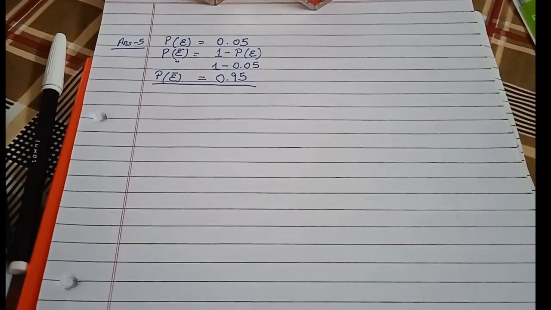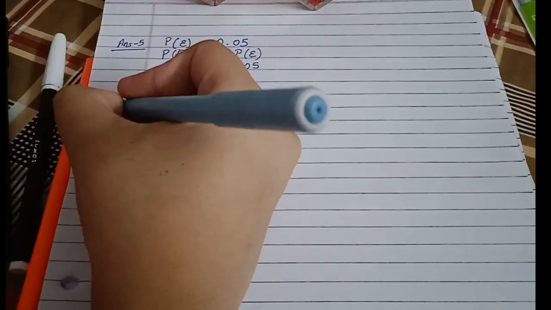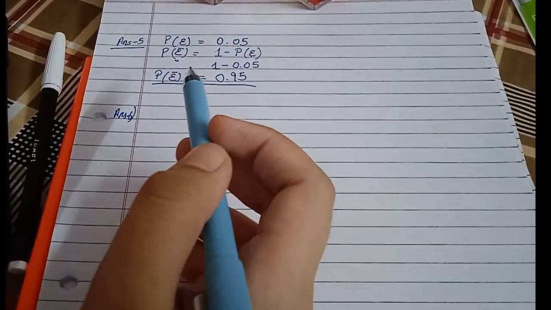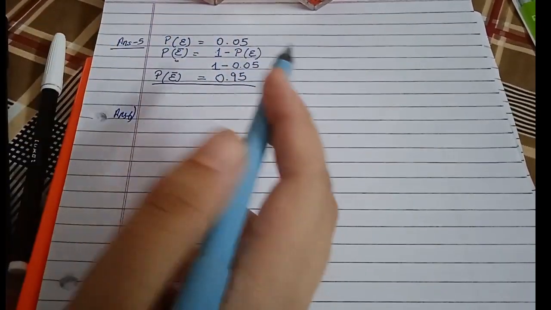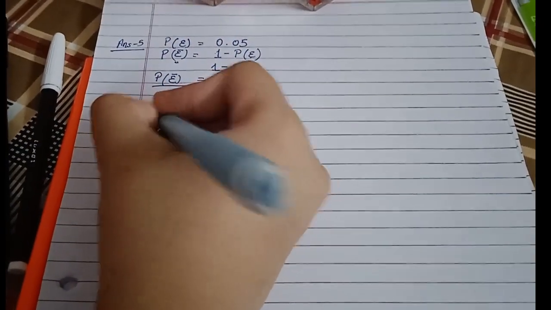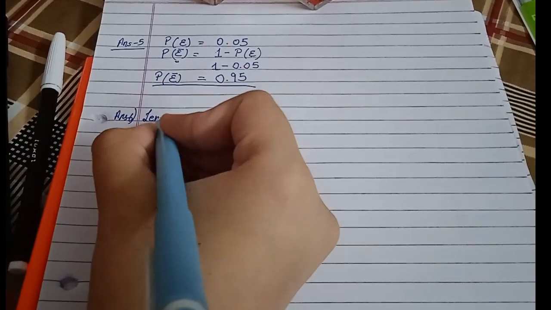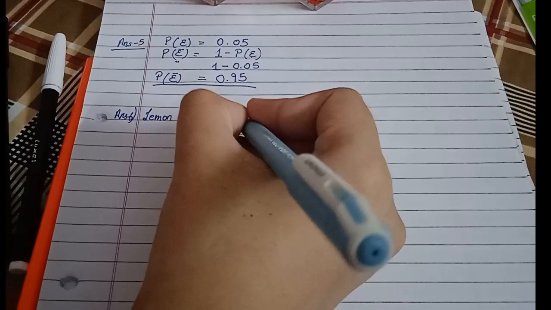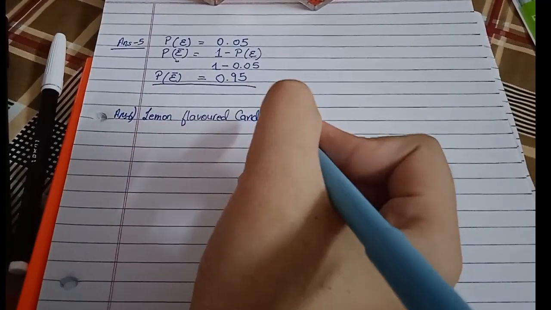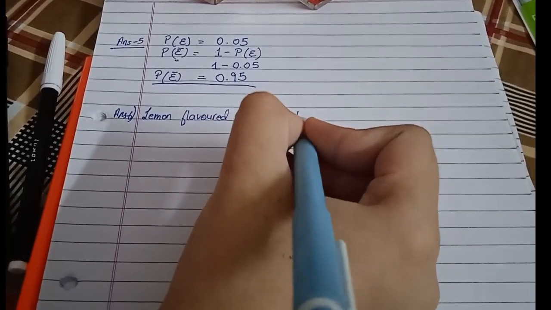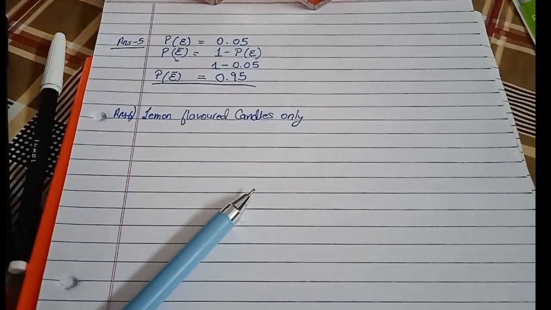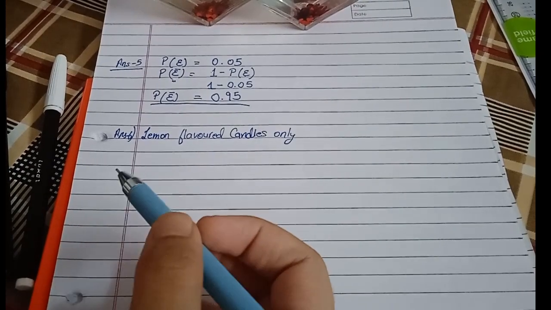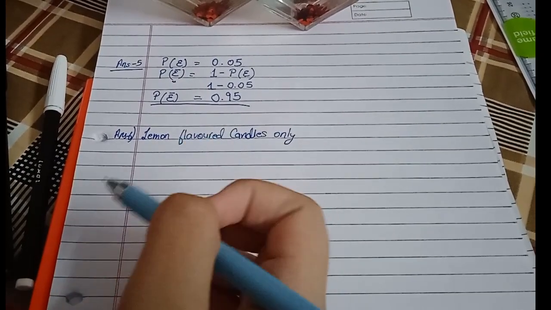Now let us discuss question number 6. A bag contains lemon flavored candies only. Now the question says, Malini takes out one candy without looking into the bag.